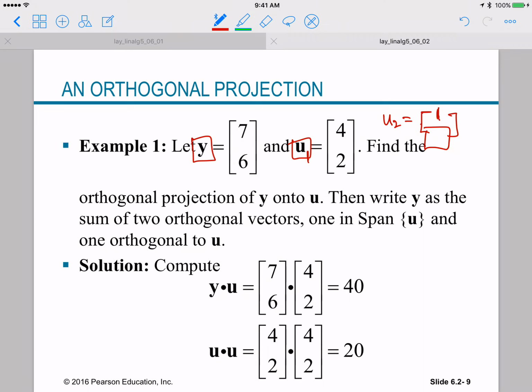So we want to form the orthogonal set of u1 and u2 by slightly modifying this example. Suppose u1 was (4, 2), and then what will be u2? That is another vector in this orthogonal set.